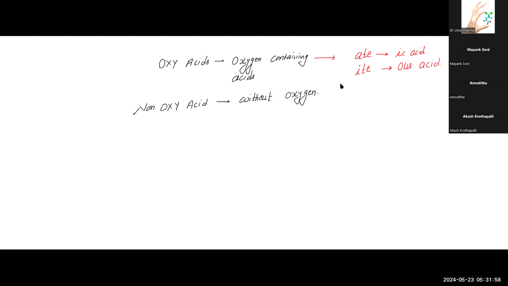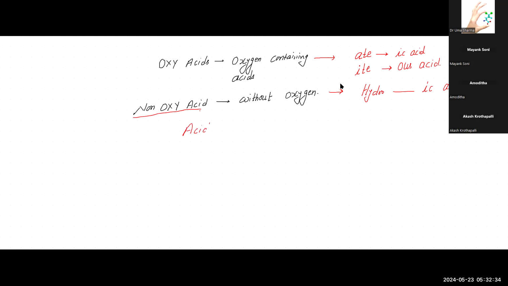But if it is a non-oxy acid, without oxygen, then the nomenclature is fixed: hydro, and then ic acid. It's fixed without oxygen.